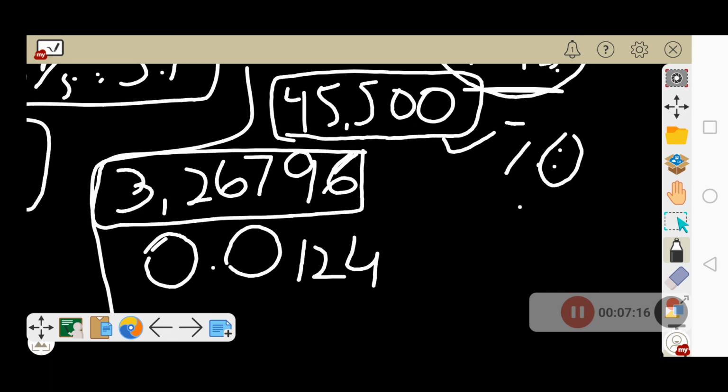It doesn't have any decimal sign, it doesn't have any negative sign, and it doesn't have any fractional sign, which means that it is also a whole number.